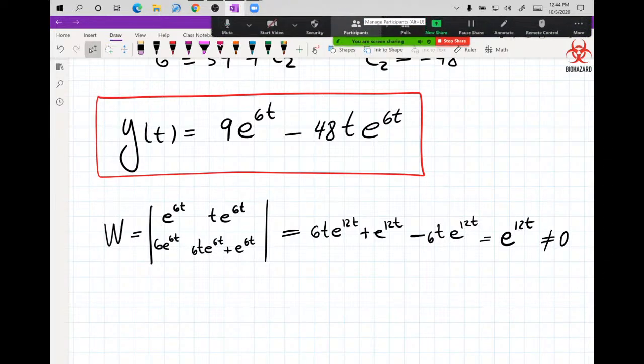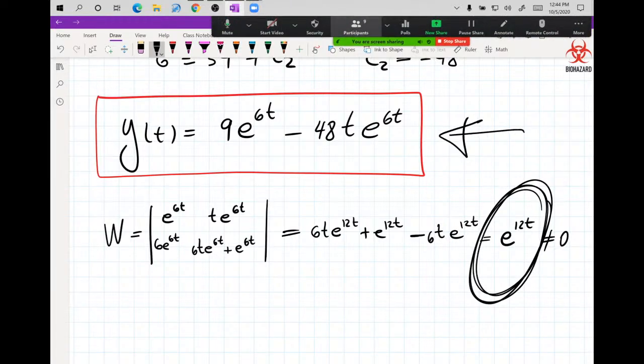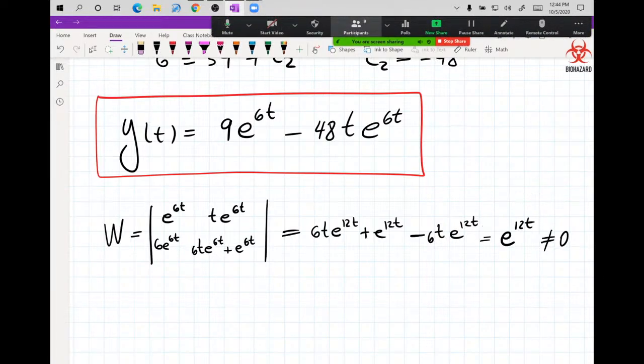So that's it. This proves that solutions are linearly independent. So this is good. I did not do the check to plug it into the original differential equation and make sure everything works well. Now, that concludes 3.1, Introduction, where you learn that there are linear and nonlinear second order equations.